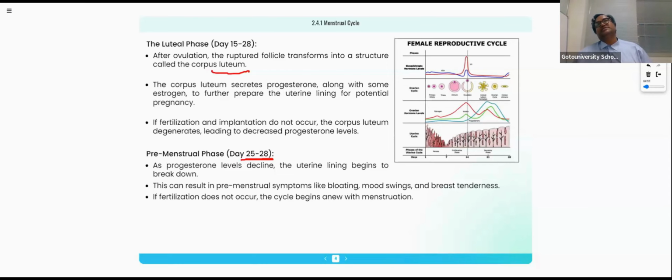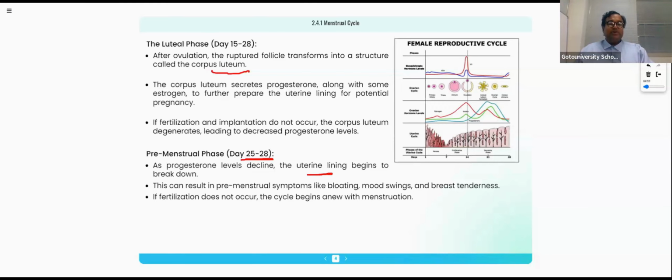There is no chance for the endometrium degeneration, right? So if the sperm is not interacting with the egg, then what will happen is the sperm will go for death, egg will go for death, the tissue of the endometrium will go for breakage.